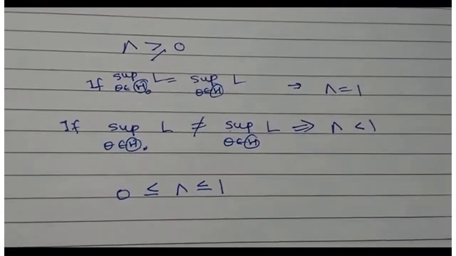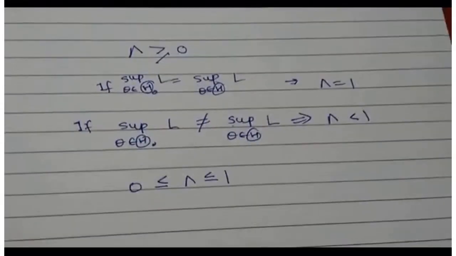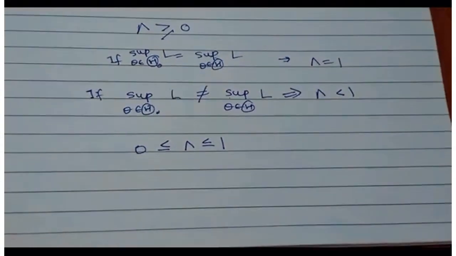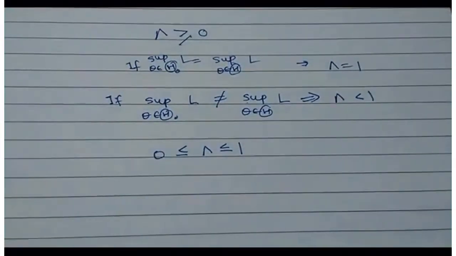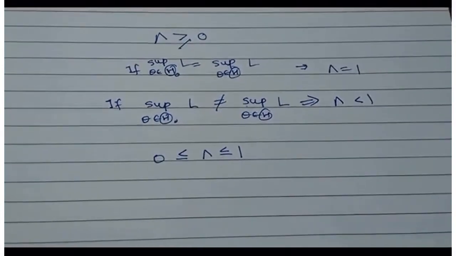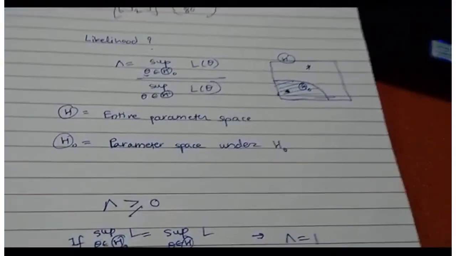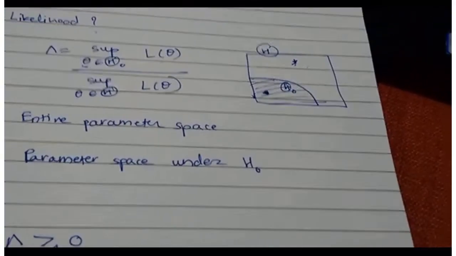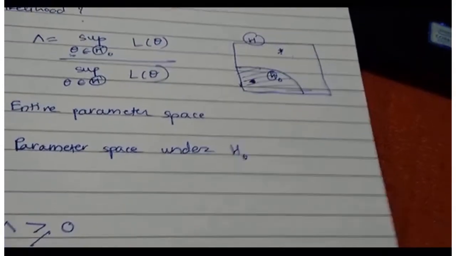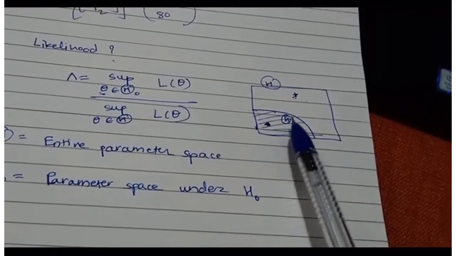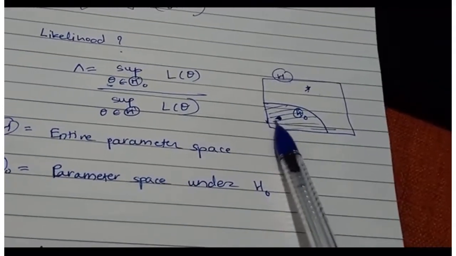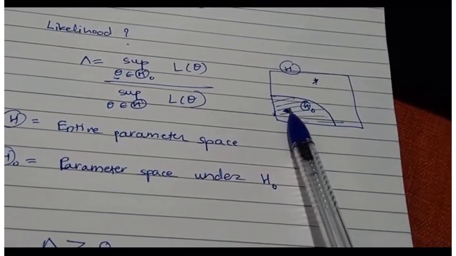So if lambda is between 0 and 1, which values are favorable to H0 and which are not? If H0 is true, meaning the given data supports H0, then the likelihood is likely to be high under H0.